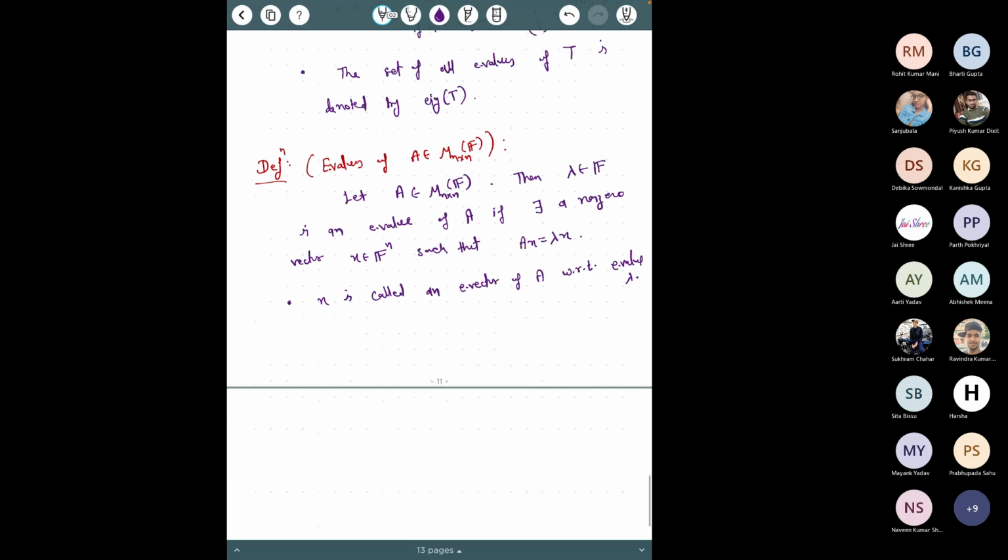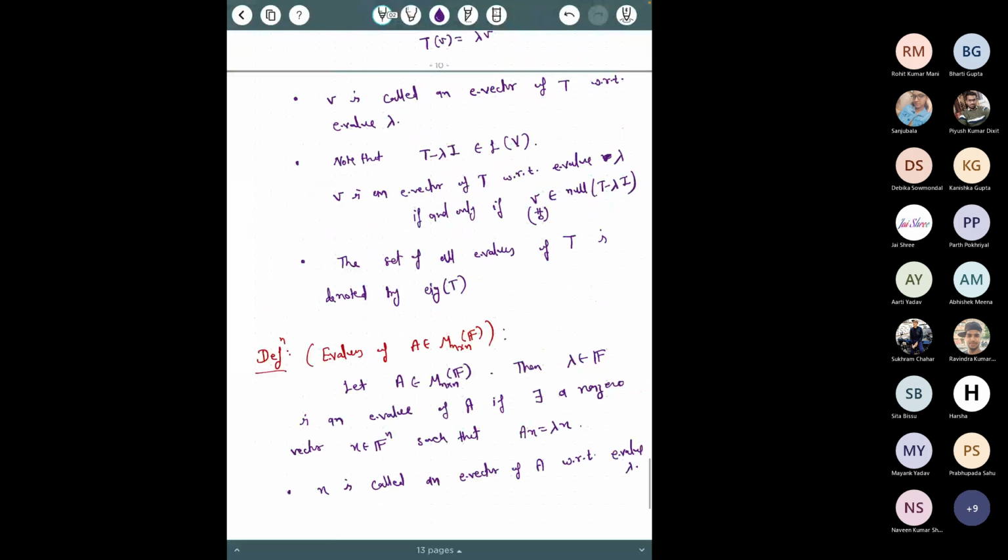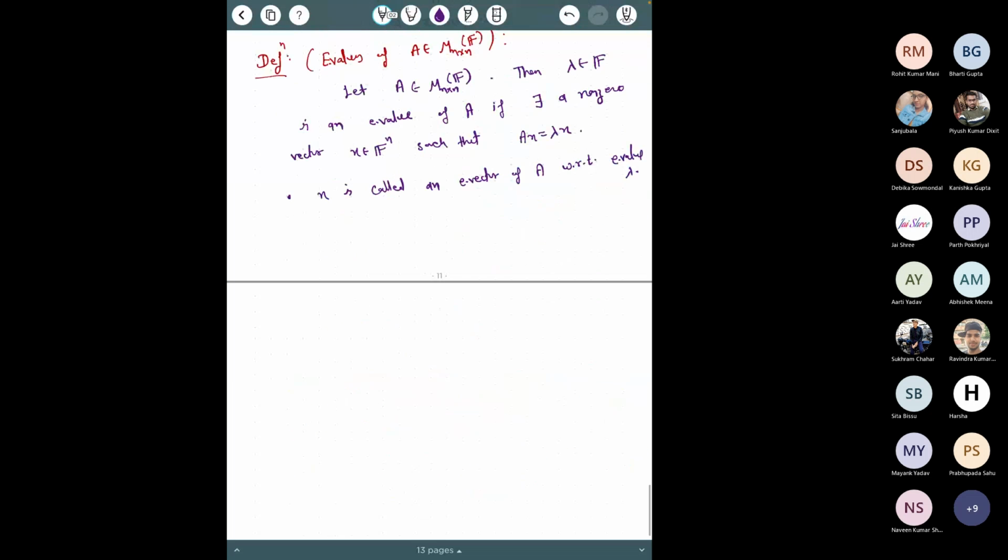Similarly to what we said for eigenvalues and eigenvectors of a linear operator, we can say that x is an eigenvector of A with respect to eigenvalue lambda if and only if x belongs to the null space of A minus lambda I, and of course x has to be non-zero.